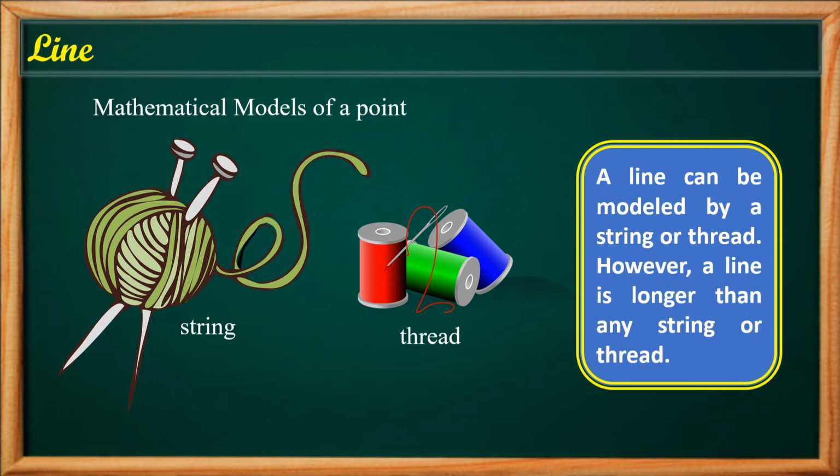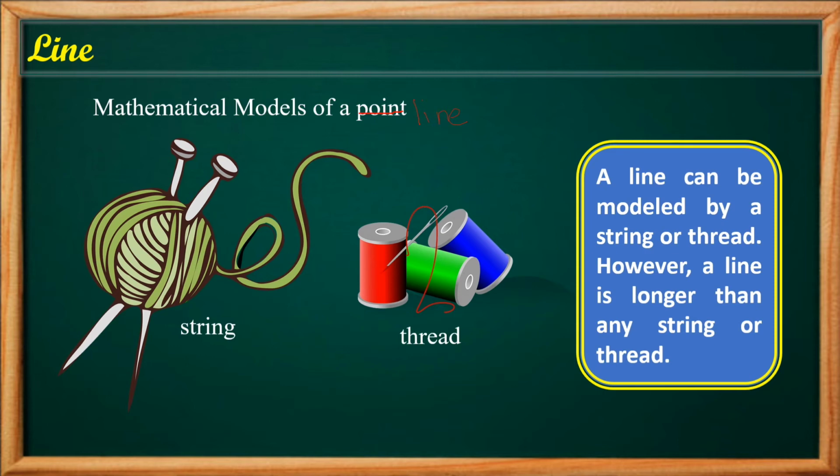Kahit ano pa yung naisip ninyo na represent a line, that is considered the mathematical model of a line. Line po yun siya. Hindi siya point, kundi line. Isusulat na natin. Pasensya na po. Mathematical models for a line.